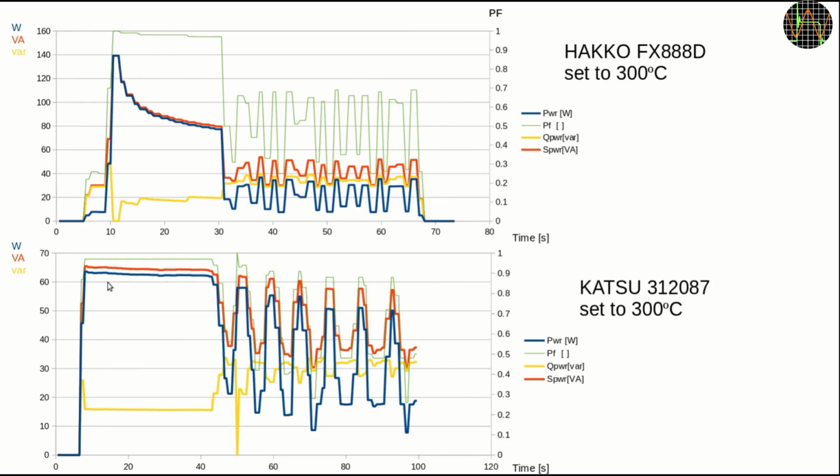The other one goes flat out full power right to the point where the target temperature is reached and then uses quite large pulses to maintain it. In this case, the PZEM-004T provides a lot of information about the inner workings of the connected devices without having to open them. Well, I hope you found that interesting.